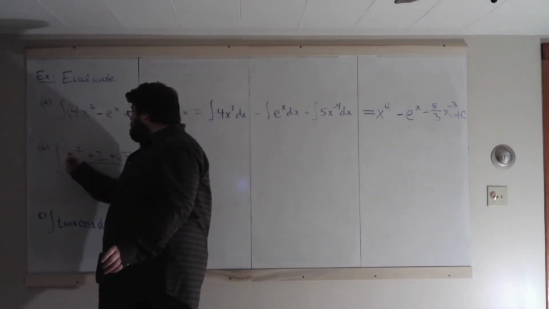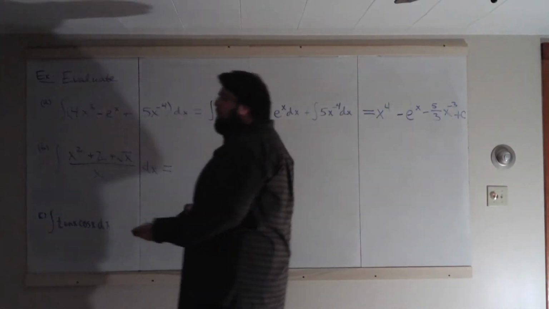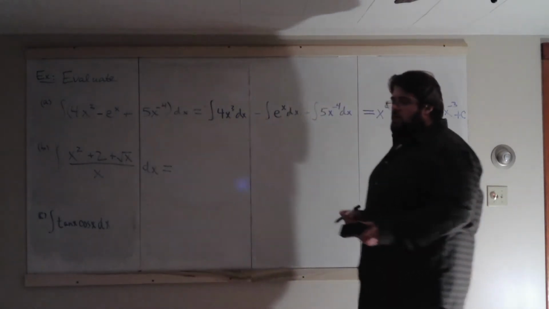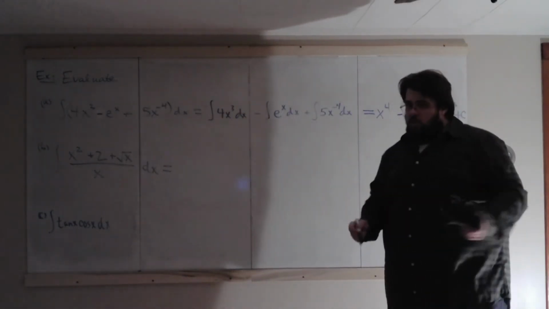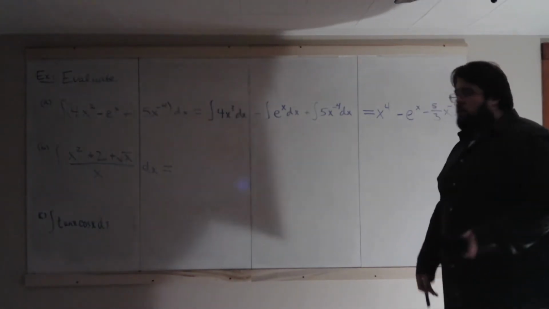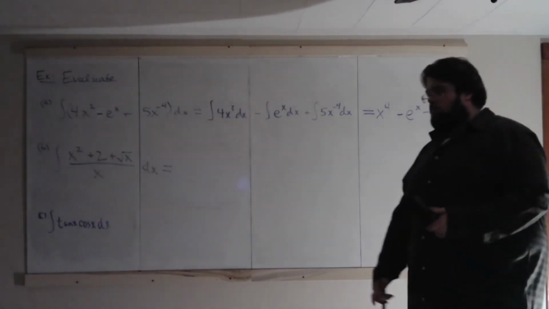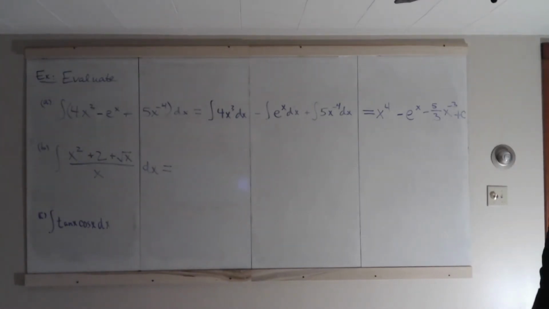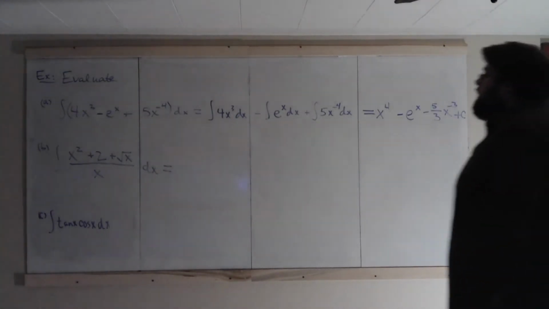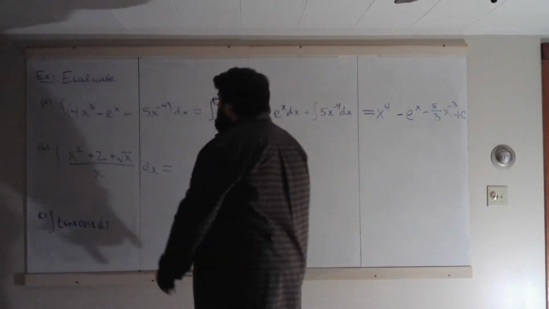We can't just jump straight into the fraction. We don't have an antiderivative rule for quotients. So when we did derivatives, we had a quotient rule. But for integrals, we don't have a quotient rule. We also don't have a product rule, unless one of the terms is a constant. So we can't just jump straight into this.